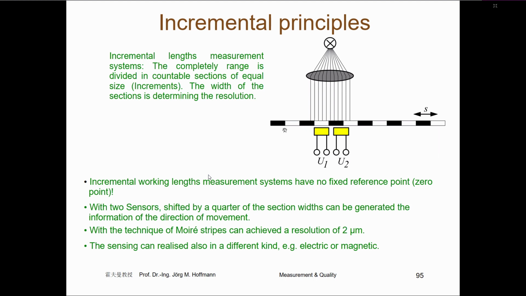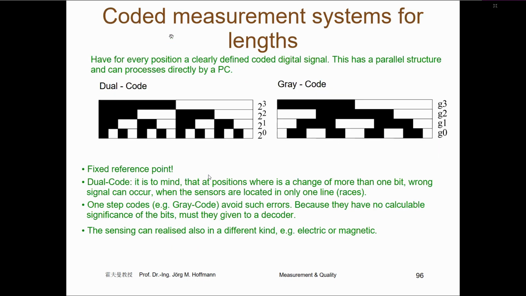What can we do so that we do not have these disadvantages? We can use the so-called coded measurement systems. The coded measurement systems have, for example, a dual code, and you have the possibility to take the value via light or via switches, when this is metal and this is plastic.